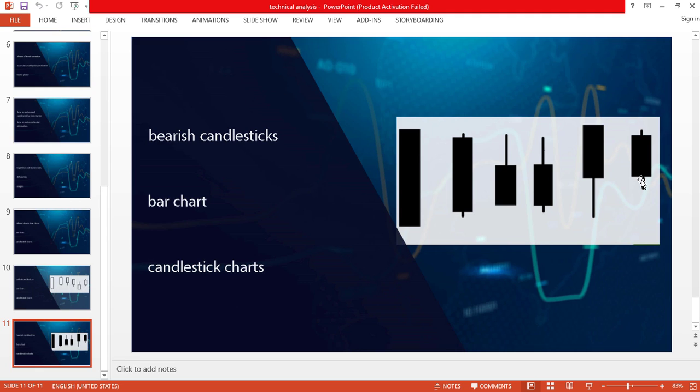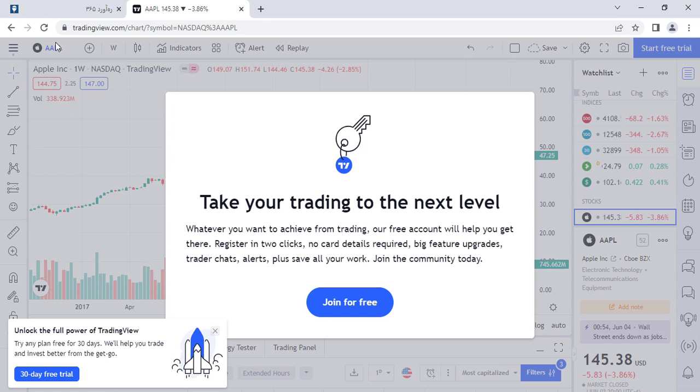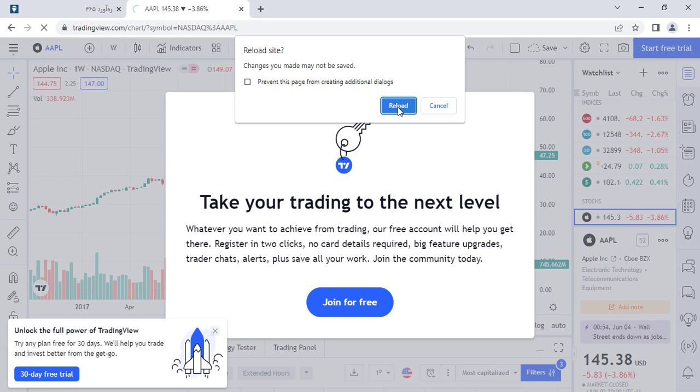It's a deceptive candle, and you should know this candle and in which area it may occur, because you may make a mistake in your decisions when you see this candle. Let's see the charts.